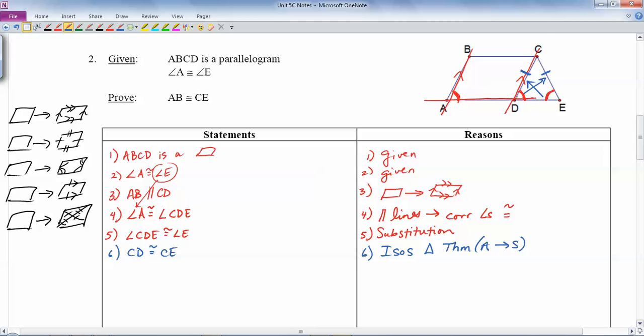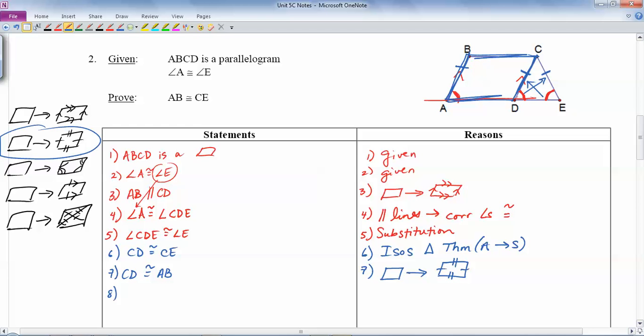So let's see, CD is going to be the same as AB because this thing's a parallelogram right here. So that uses this reason, right? So now I could say CD is the same as AB because parallelograms give me opposite sides that are congruent.